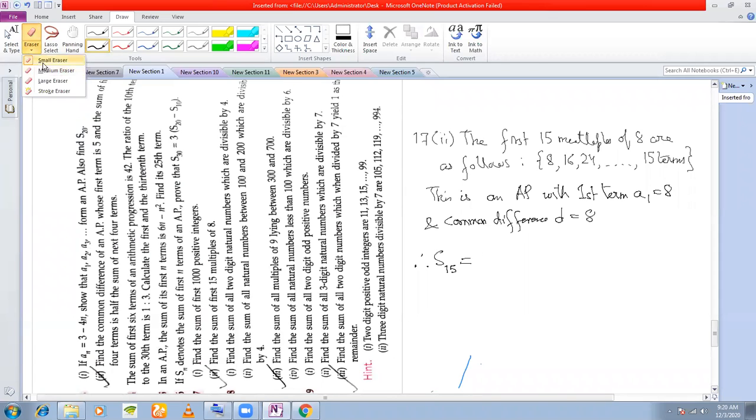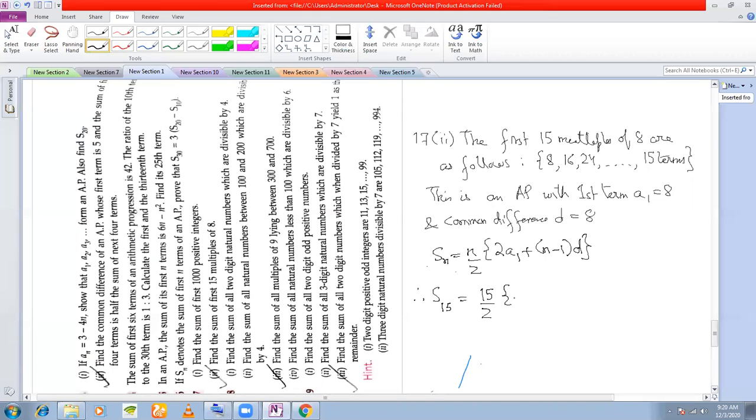let us write the formula first and then we'll write. Sn is equal to n by 2 twice A1 plus n minus 1 into D. Therefore S15 is equal to 15 by 2 twice A1, here A1 is 8, plus 15 minus 1 and D here is 8.